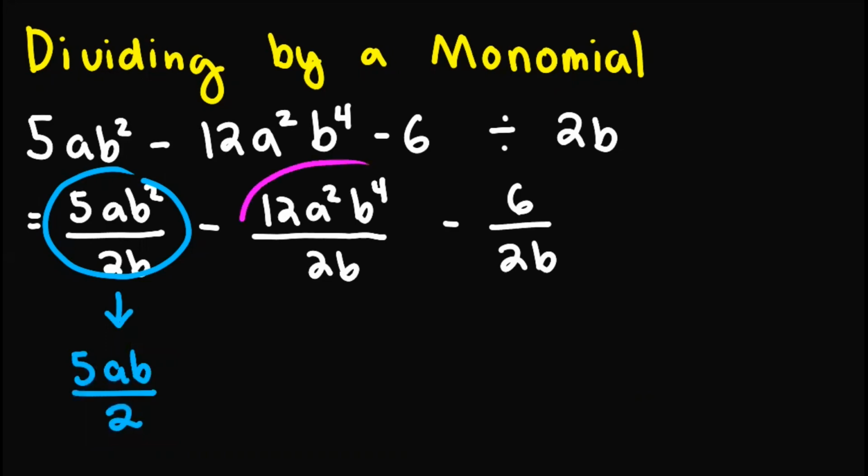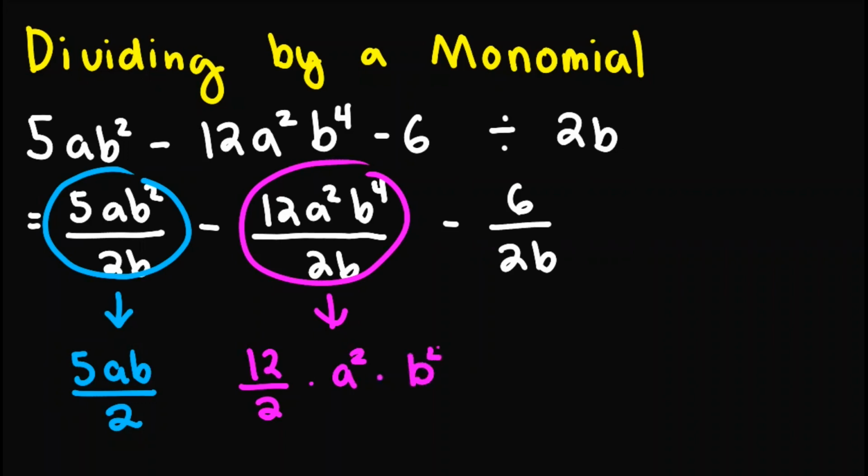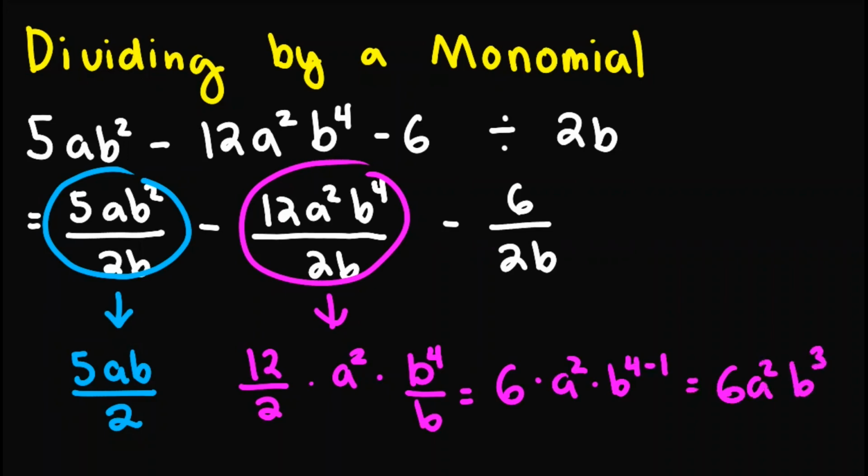Next is this one. We can write this as 12 over 2 times a squared times b raised to 4 over b. And this is equal to 12 over 2, which is 6, times a squared times b raised to 4 minus 1, which is equal to 6a squared b cubed.